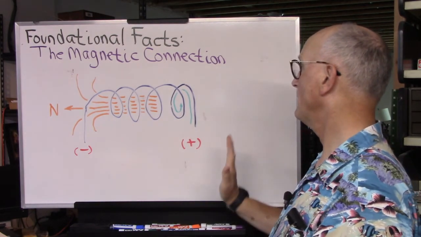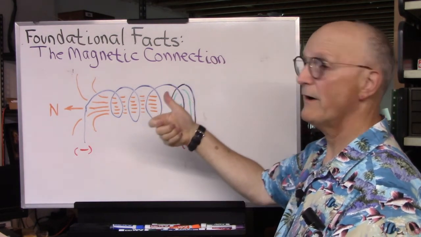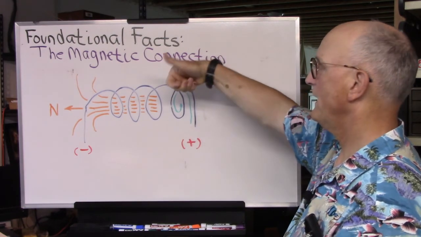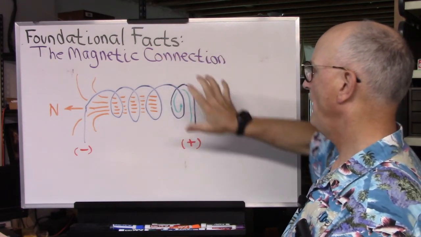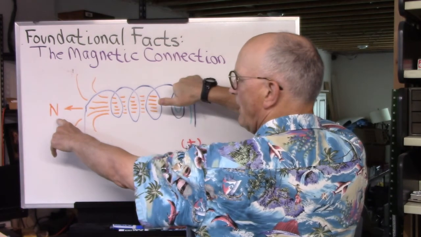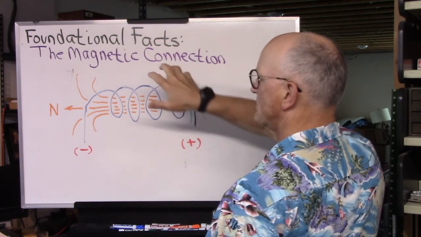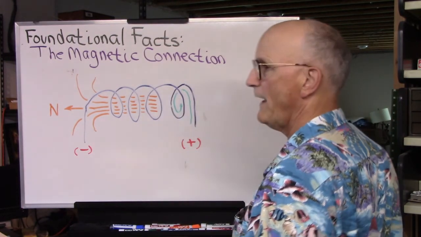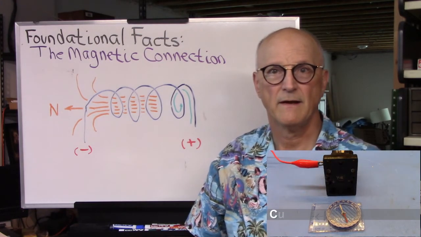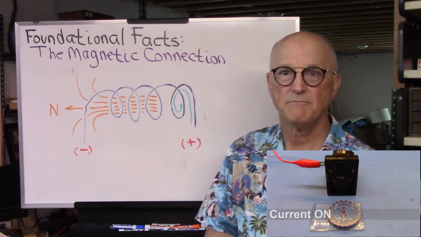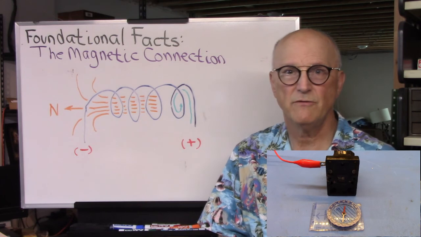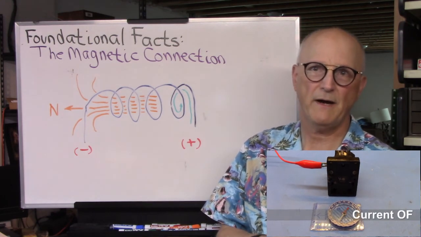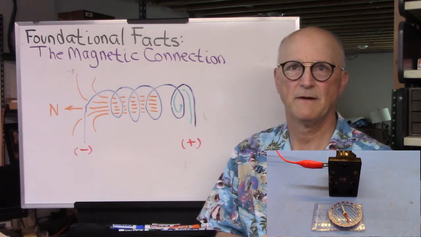So if the current is going around the coil of wire this way, our thumb then points in the direction of the magnetic field that is generated by that coil of wire. The stronger the current, the faster the charge is moving in the conductor, and the more powerful the magnetic field.